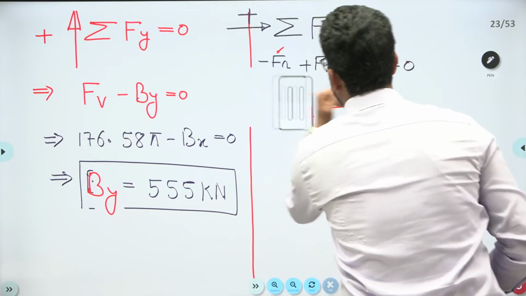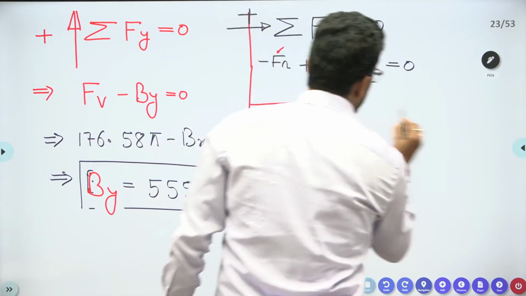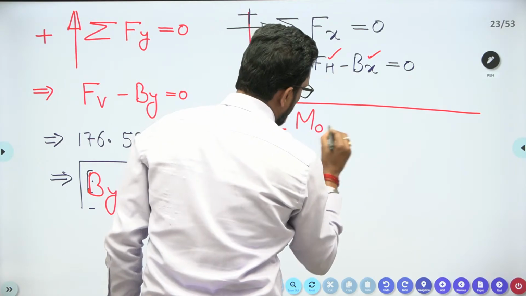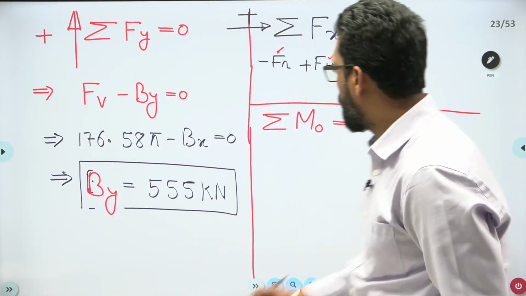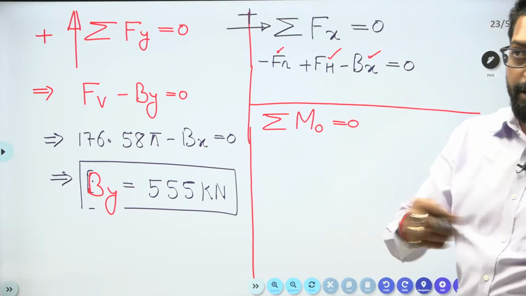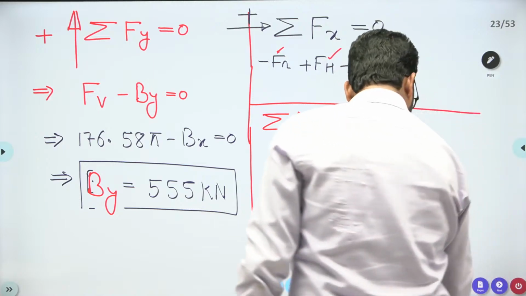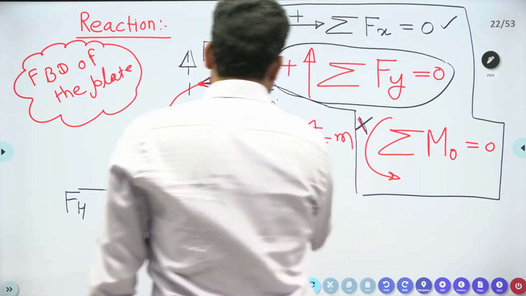So hold this equation and apply the next moment equation. The sum of all the moments at point O is 0. Why are we taking the moment at point O as 0? Because at point O there is a hinge. So take the moment at this point as 0.